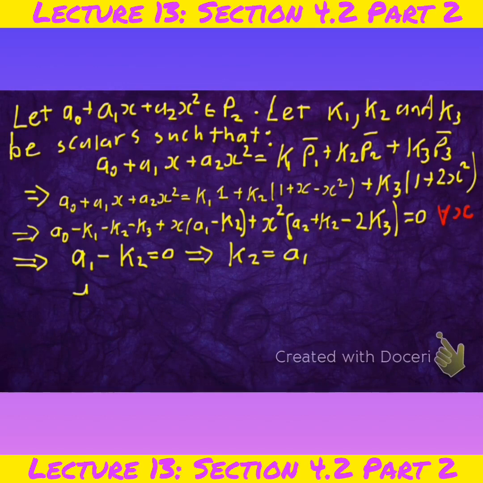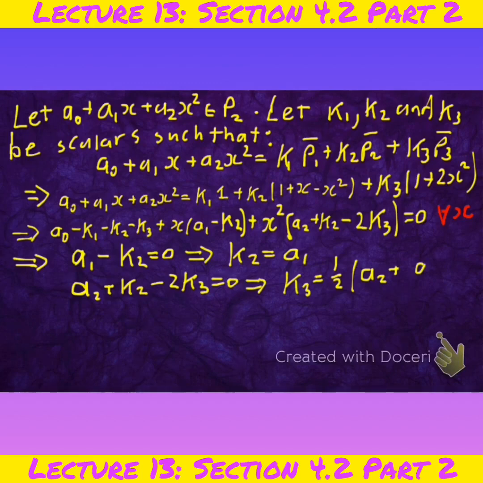We have that a2 + k2 - 2k3 is equal to 0, which implies that k3 is equal to a half (a2 + k2), which in this case is a1.